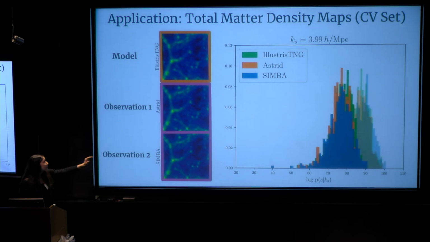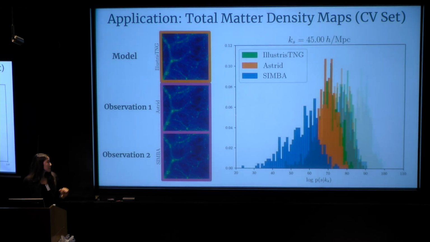As we go to a slightly higher resolution, as our smoothing scale becomes slightly smaller, we start noticing a slight shift in the Astrid and SIMBA distributions with respect to the IllustrisTNG distribution, but they still seem to mostly overlap.